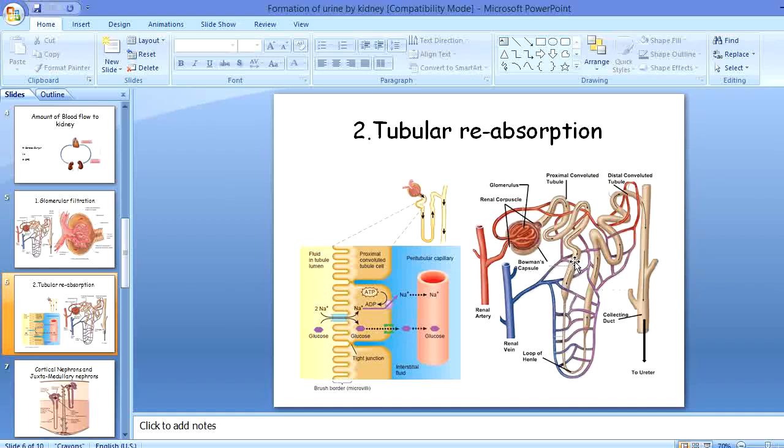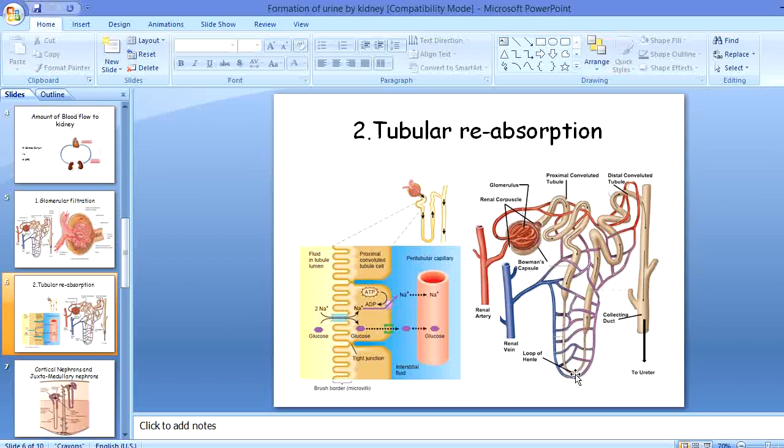As it goes downward, water reabsorption takes place because of the difference of osmotic pressure, because of the difference of osmolarity. As the osmotic pressure becomes high, the reabsorption becomes high. As the osmotic pressure becomes low, the reabsorption becomes low. It depends upon the osmotic pressure.